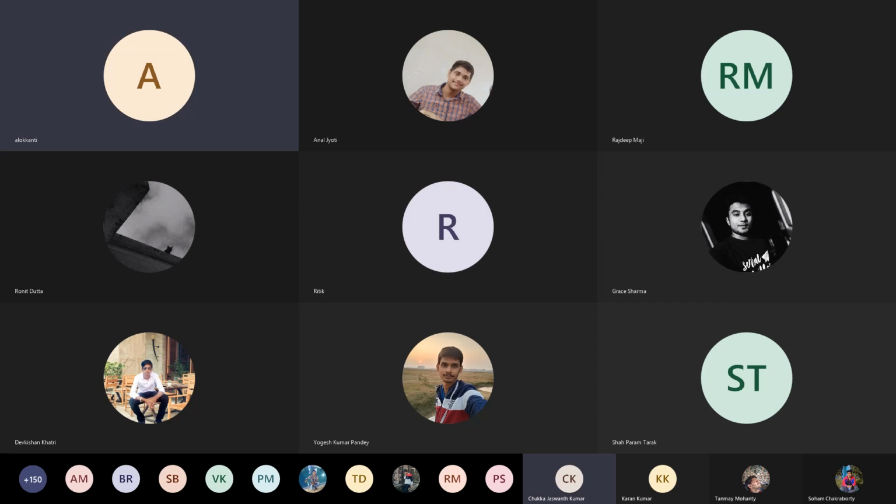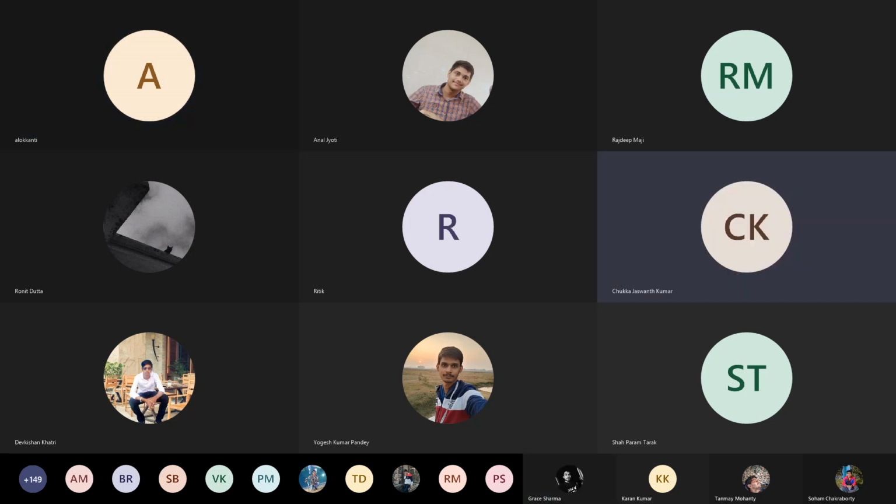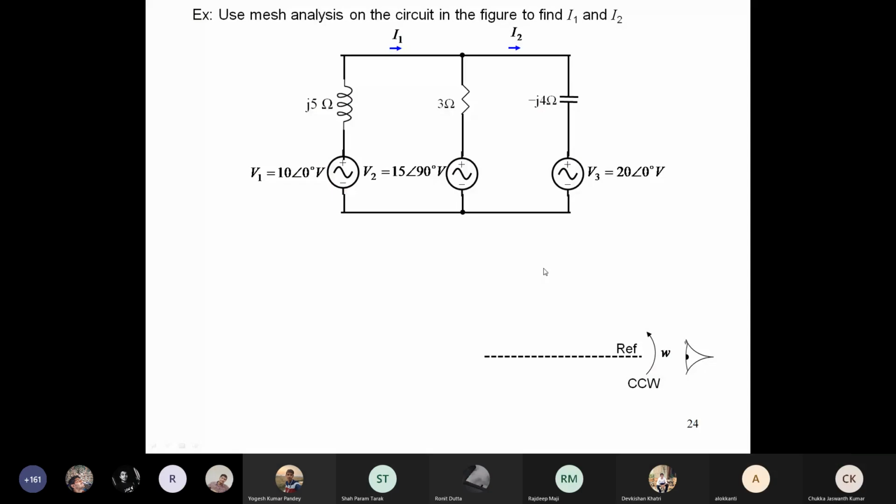Can you see the screen? I1 is 1.48. Can you see the screen?